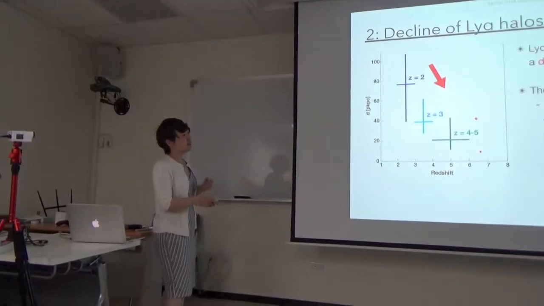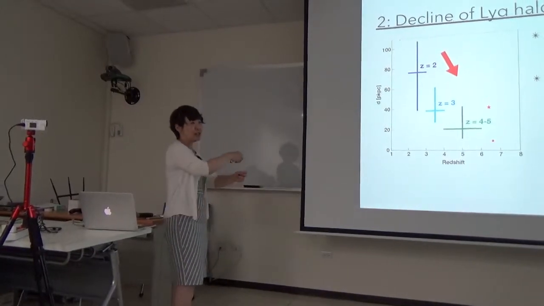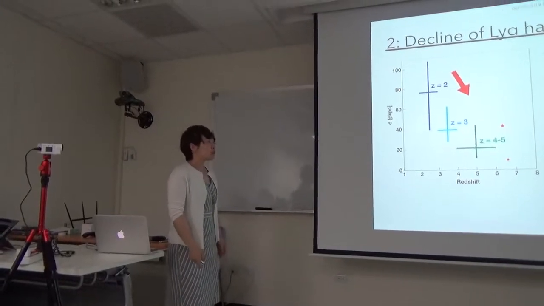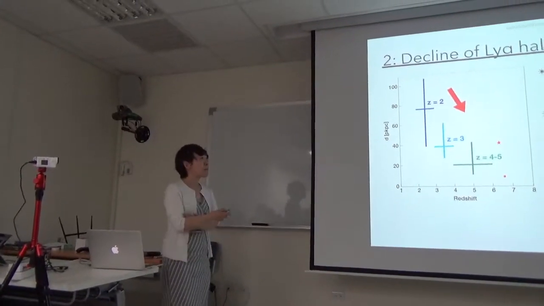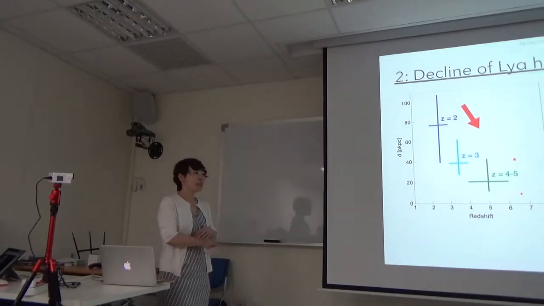And what we assumed was that quasars are on the track of such evolving halos. Yeah, okay, thank you. So that means this evolution follows the evolution of the halo. Yeah, exactly.